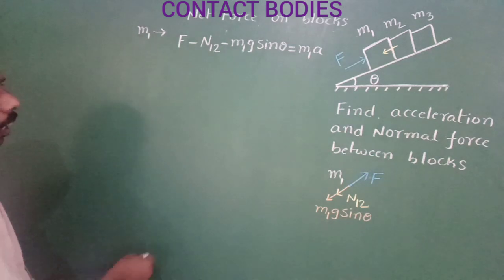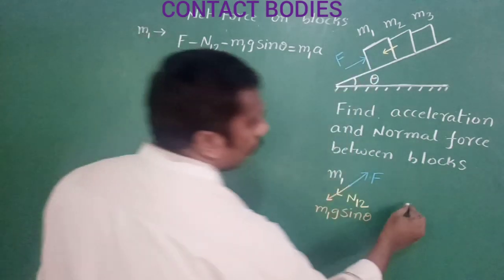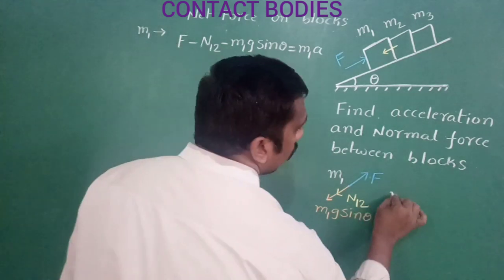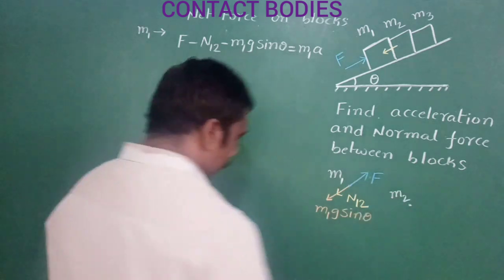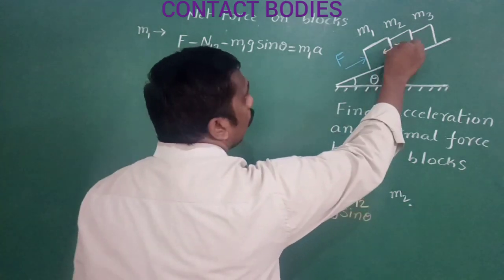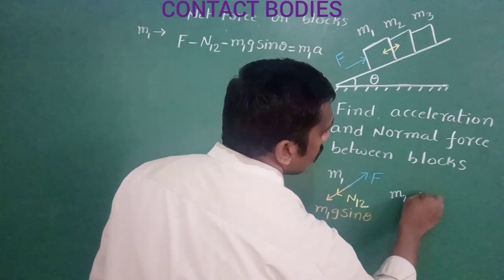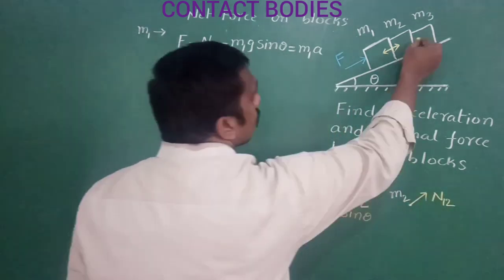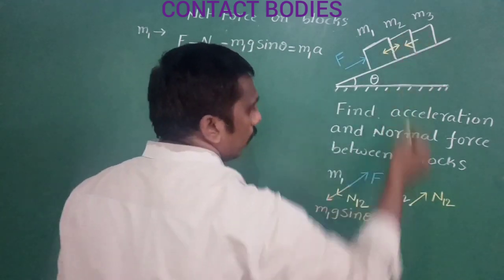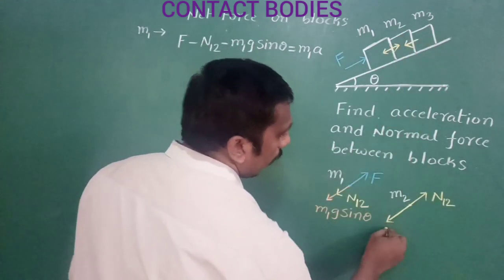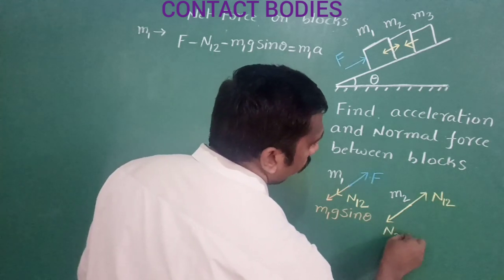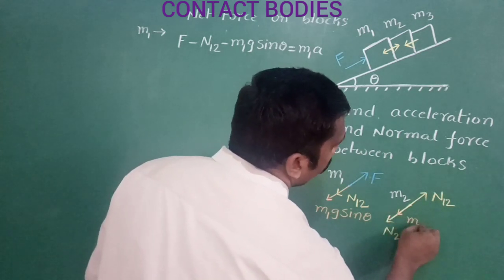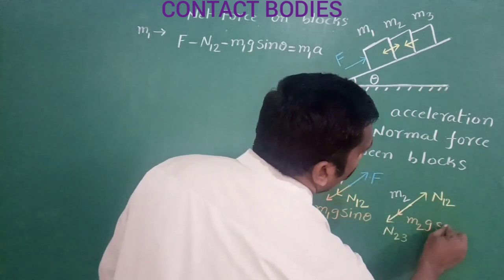Next, come to the second block. On the second block, 2 forces are acting along the plane. One is up the inclined plane, that is the force exerted by block 1, n12. Block 3 pushes it in the downward direction. This n23 is acting in this direction, and the component of weight m2 g sin theta is acting downward.